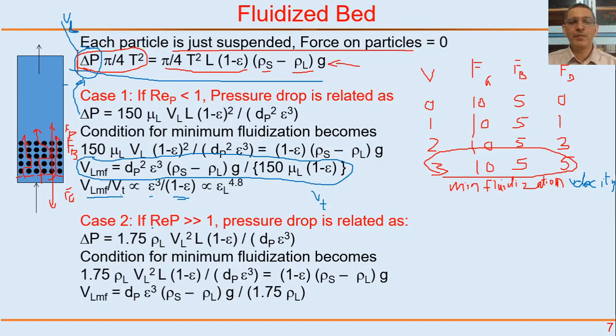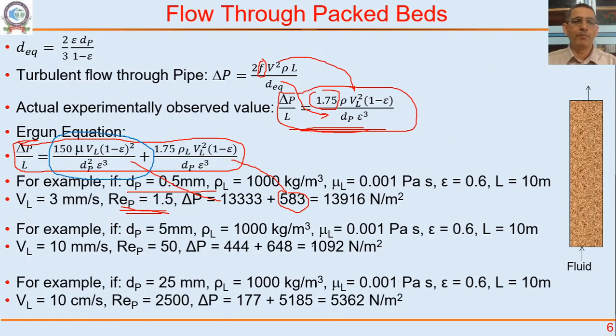Second case, if Re_p is greater than 1, this p should be subscript, small p, which means the second part of the Ergun equation is valid.